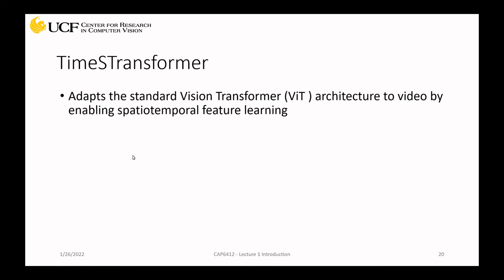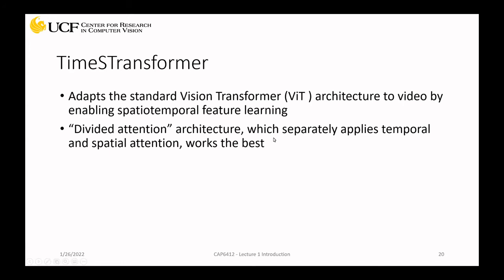So these are the guys who started using transformers for video, and basically they adapted ViT, which we have discussed before, from images to video. Now when you go to video, as we've been saying, the main big thing in a transformer is attention.